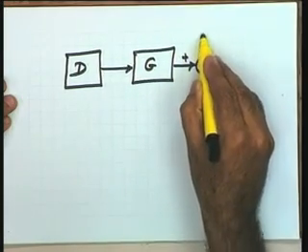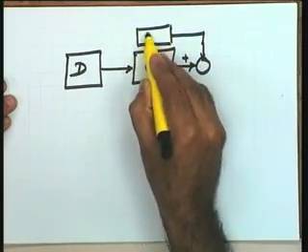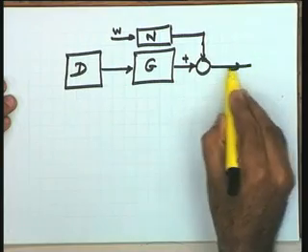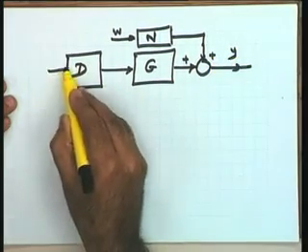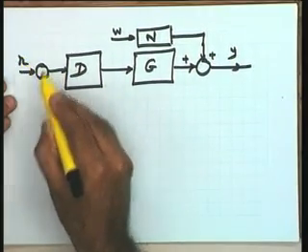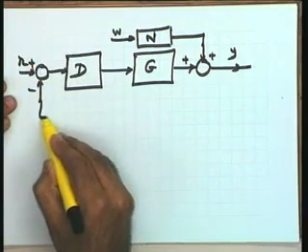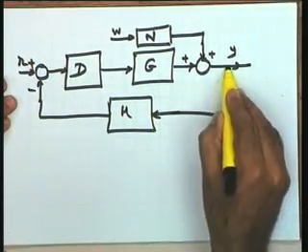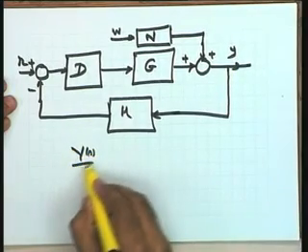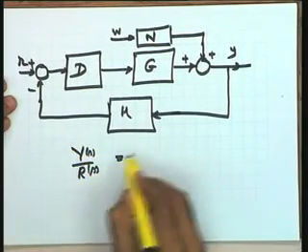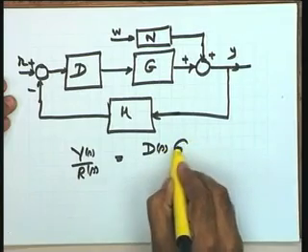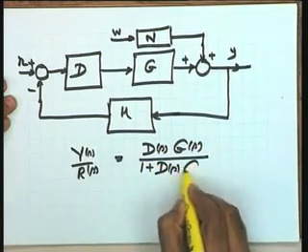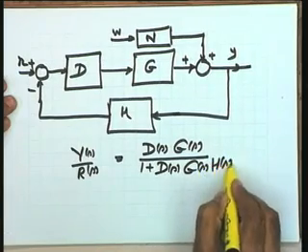The disturbance transfer function is N, the disturbance is W, the output is Y, the reference is R, and the sensor transfer function is H. Now Y(s) over R(s) is equal to D(s)G(s) divided by 1 plus D(s)G(s)H(s).